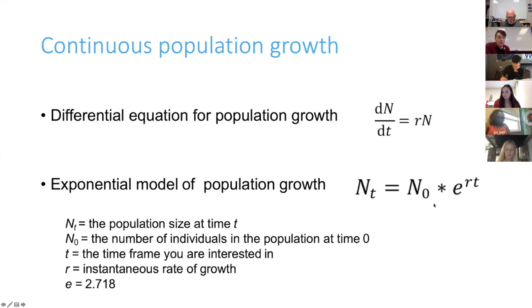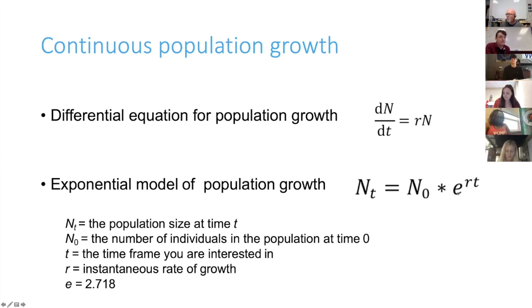And your variables are effectively the y-axis is the population size you want to predict, and the x-axis is t for time. So if it helps you to remember, the variables are going to be your x and your y. That's t and N sub t. The initial population size is a constant. That's kind of like a parameter in your model. And the population growth parameter is this value r.